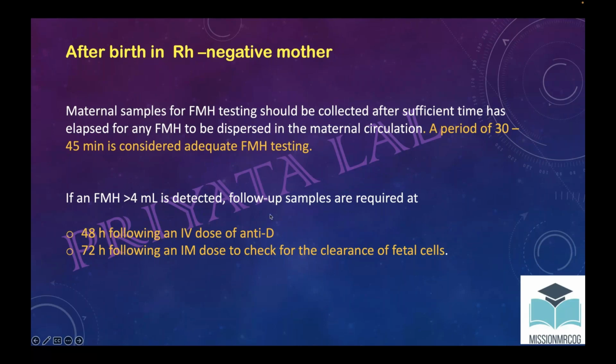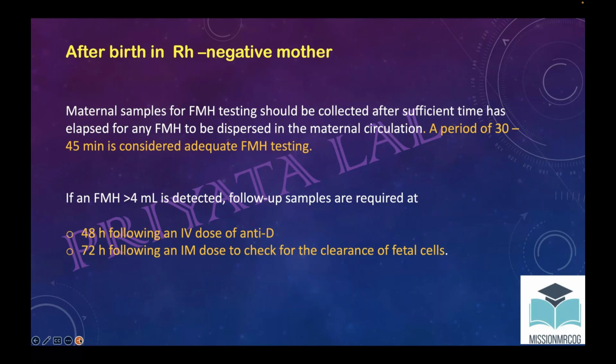If IV anti-D is given, a follow-up test is done within 48 hours, and if an IM dose is given, then the test to know the clearance of fetal cells will be done at about 72 hours. I have already explained this. If they do this test and find that fetal cells are still there, then they will consider giving an additional dose.